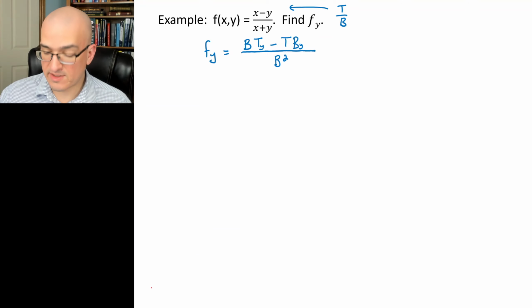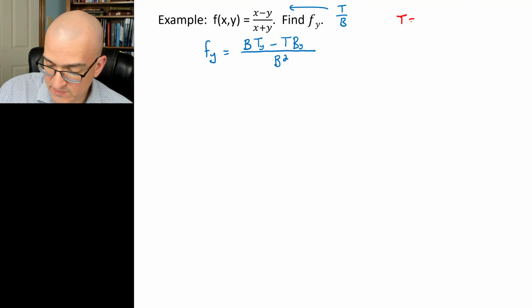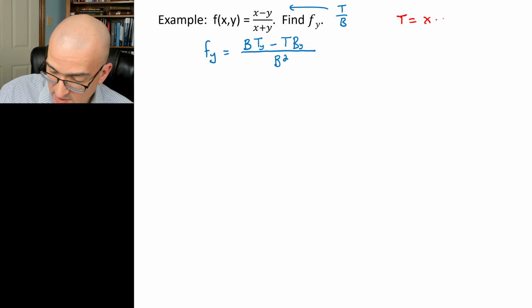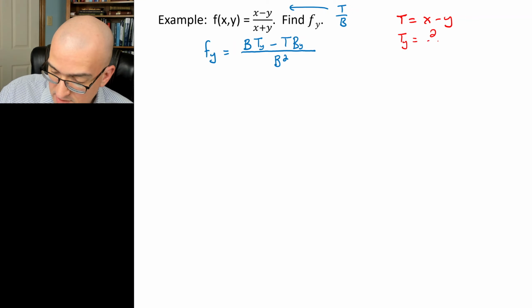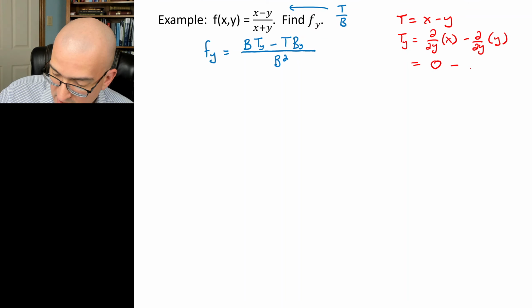Okay, off to the side, I'm going to do these calculations for t and b derivatives. T is x minus y. T sub y is going to be the y derivative of each of those pieces, d/dy of x minus d/dy of y. So we'll have 0 minus 1, just negative 1.